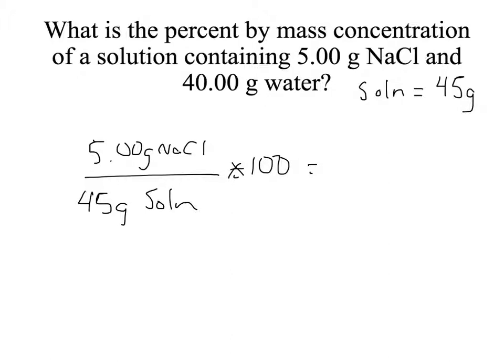Calculate that out: 5 divided by 45 times 100 is 11.1% sodium chloride weight by weight solution. Makes sense? We do the part here, and you divide it by the whole.